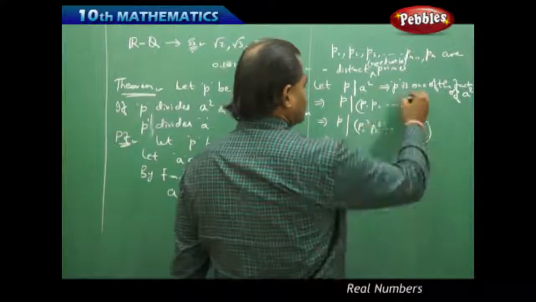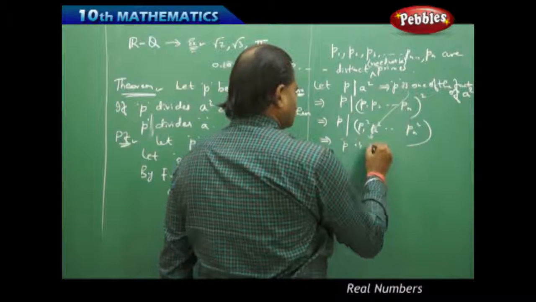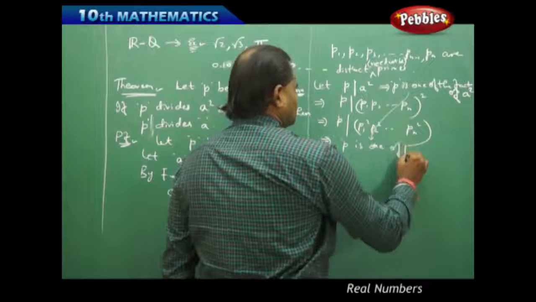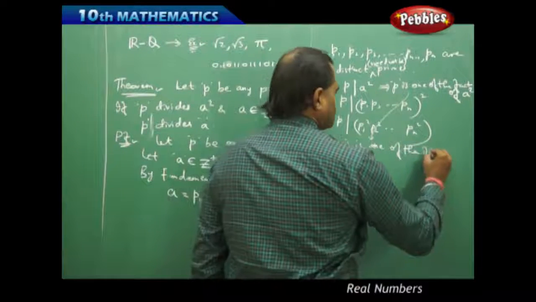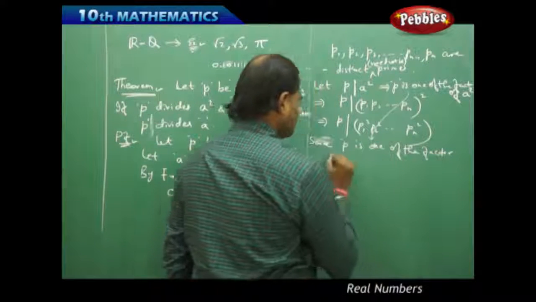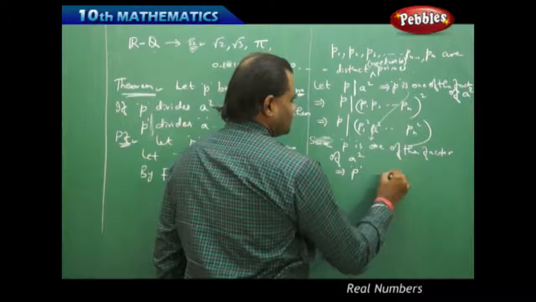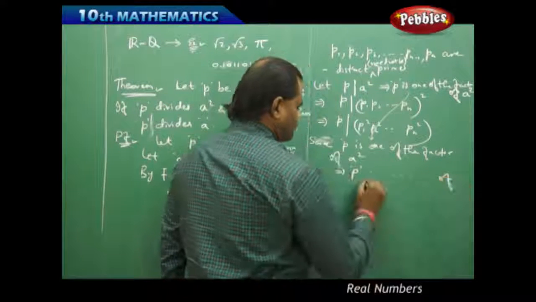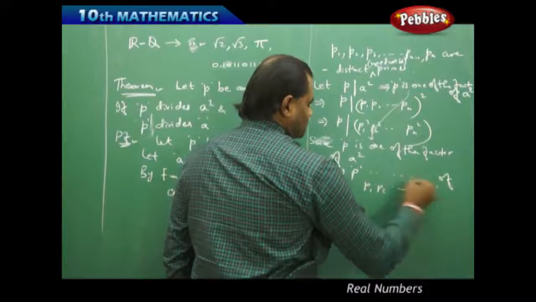So since P is one of the factors of a square, P is one of the factors of p1, p2 till pn.